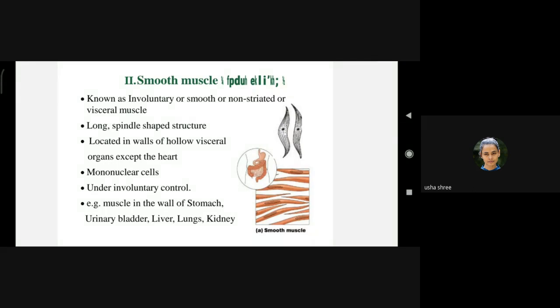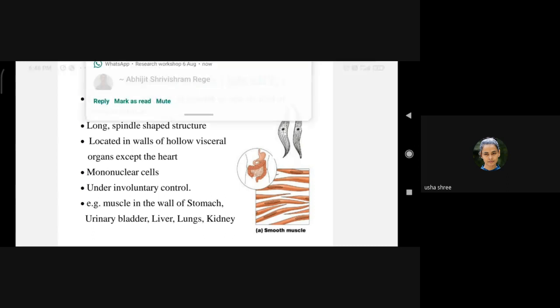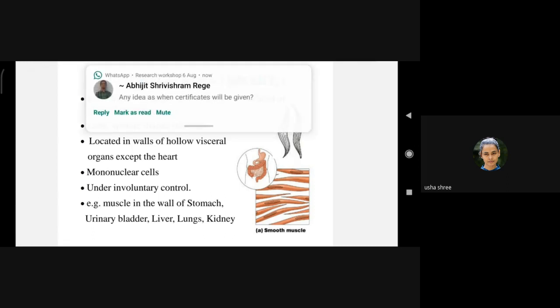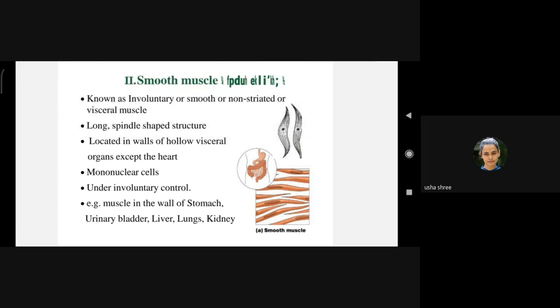Like, I am going to increase my rate of peristalsis now. That cannot happen, you know, the peristalsis movement. Anyone? Yes, please tell me. The movement of the food that we swallow, the passage of that food bolus from the mouth to the esophagus.